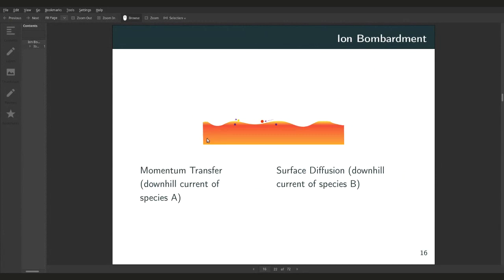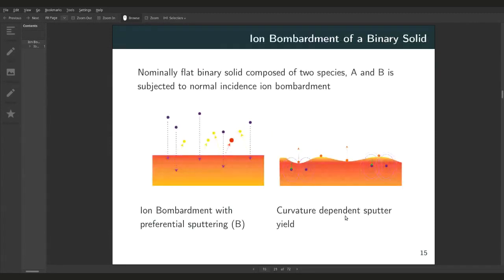So, for example, here the red, which is species A, tends to flow downhill more quickly. We also have surface diffusion, which causes the downhill current of species B, and that's a smoothing mechanism that works against the curvature-dependent sputter yield and these other mechanisms.